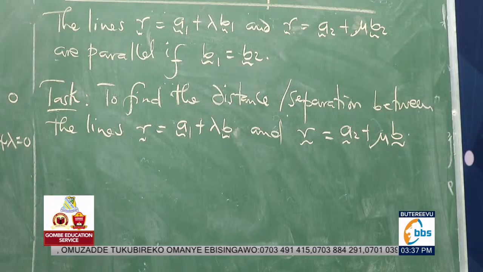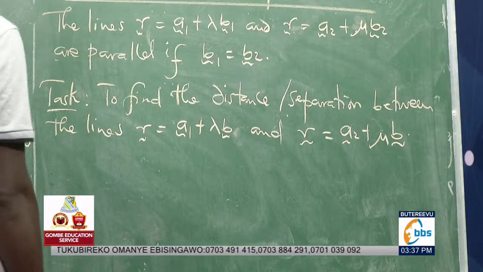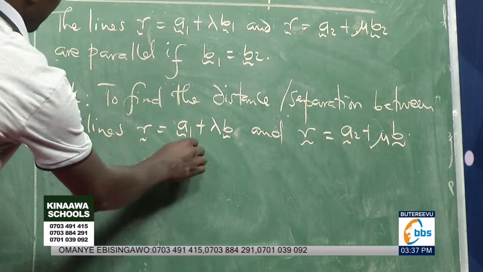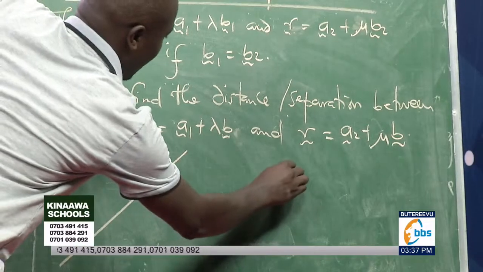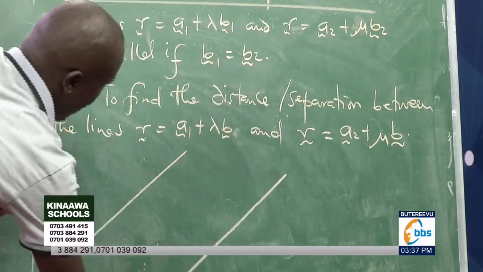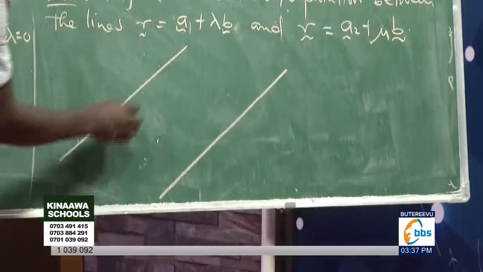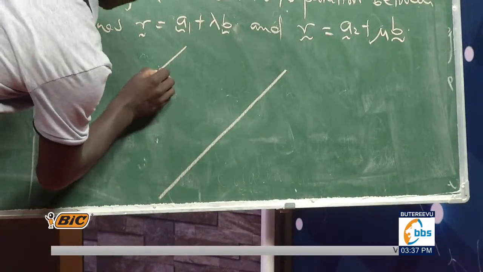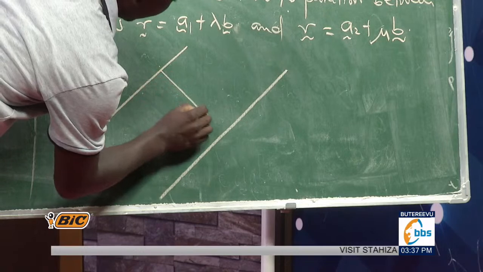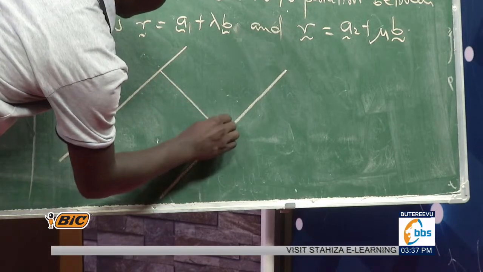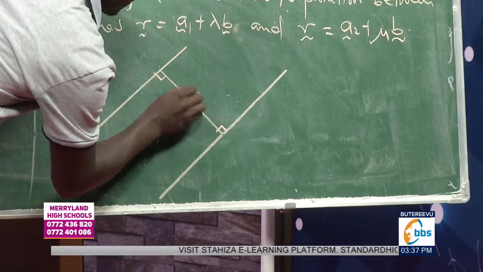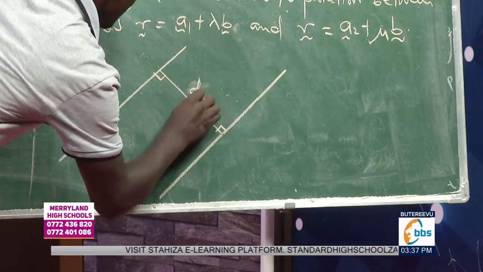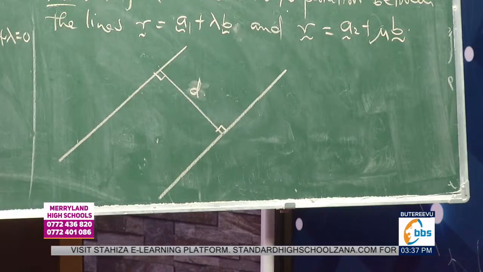Now, it is important that you try to use a sketch. Let us have the two lines there. If I want to get the distance between those two lines, it is the shortest distance. Let's call it D. So how do we get D?